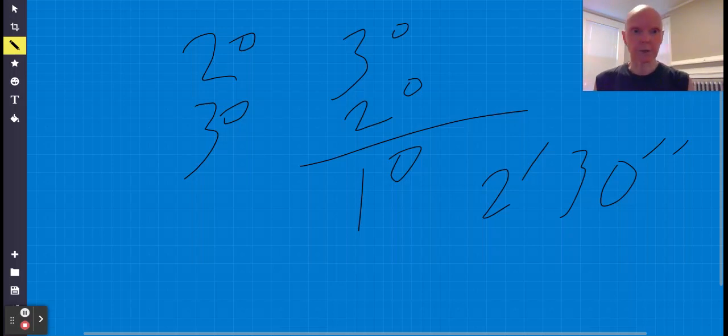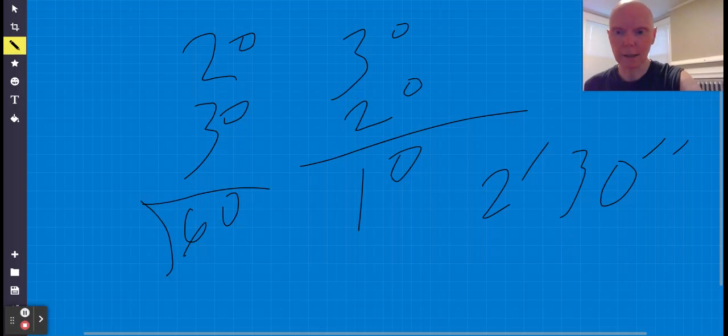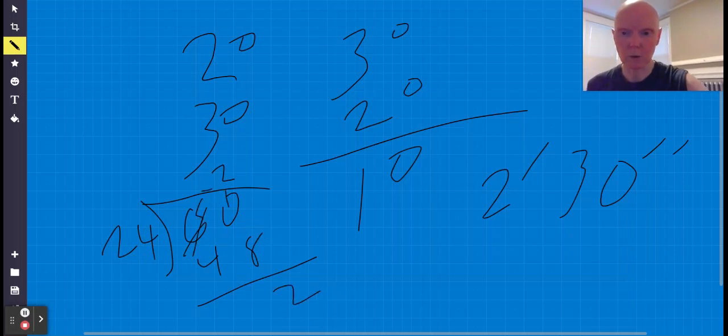Now I'm actually curious, so let's work it out. 60 divided by 24 gives us 2, which leaves 12.